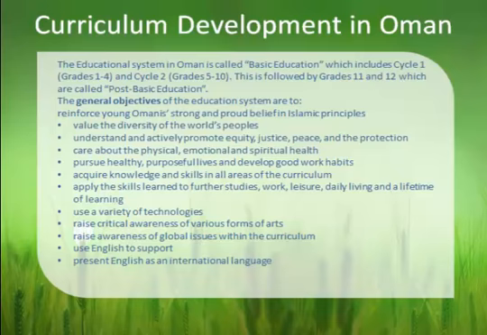The next topic is curriculum development in Oman. The educational system in Oman is called basic education, which includes Cycle 1 or grades 1 to 4 and Cycle 2 or grades 5 to 10. This is followed by grades 11 and 12, which are called post-basic education.